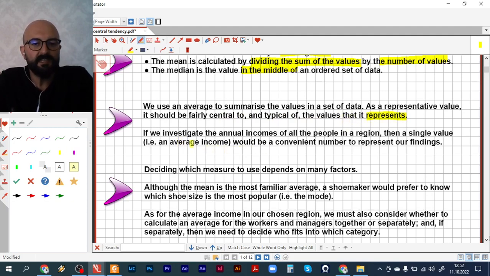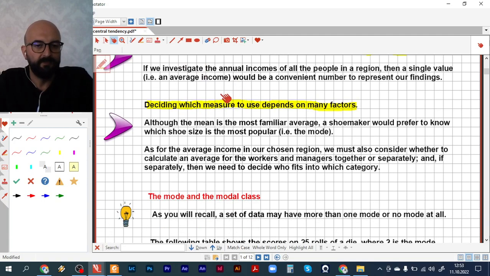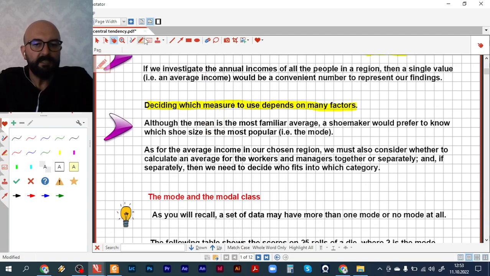If we investigate the annual incomes of all the people in a region, then a single value, average income for example, would be a convenient number to represent our findings. Deciding which measure to use depends on many factors. For example, the mean is the most familiar average.